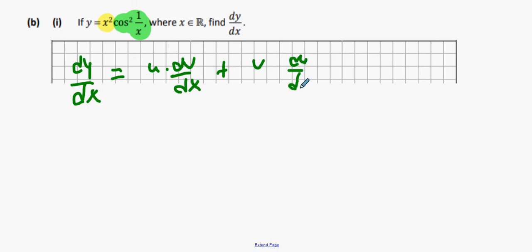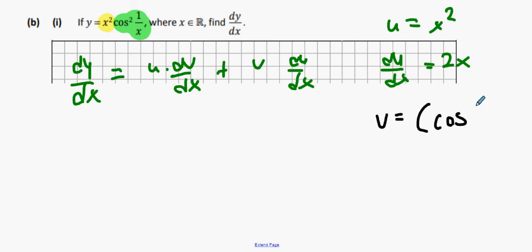plus v times du dx. Now, u is equal to x squared, therefore du dx equals 2x. Okay, next part, v equals, now I'm going to write this differently, I'm going to write it as cos, now see 1 over x is x to the power minus 1, and the squared, I'm going to put that on the outside. Okay, now please remember, when you're differentiating angles, or differentiating a trigonometric function, the angle never changes.